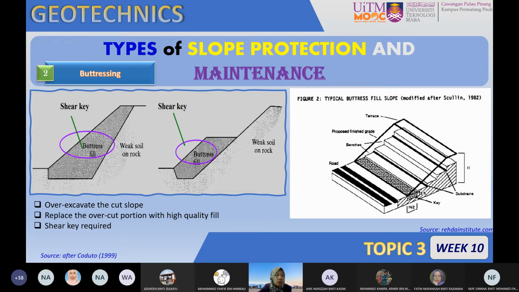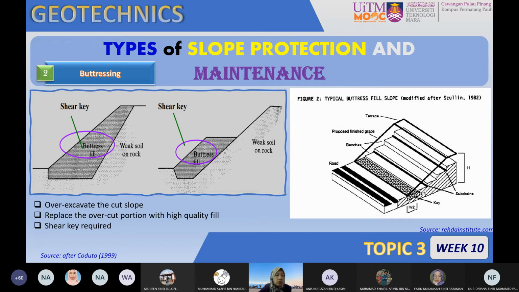We also place the shear key, and you can see that buttressing is recommended when you have weak soil or rock. On the right figure, the typical buttress face slope is suggested to be designed when dealing with this type of slope protection and maintenance. You can over-excavate the cut slope or replace the overcut portions with high quality fill, and then you place the shear key at the buttress structure here or at the slope face.